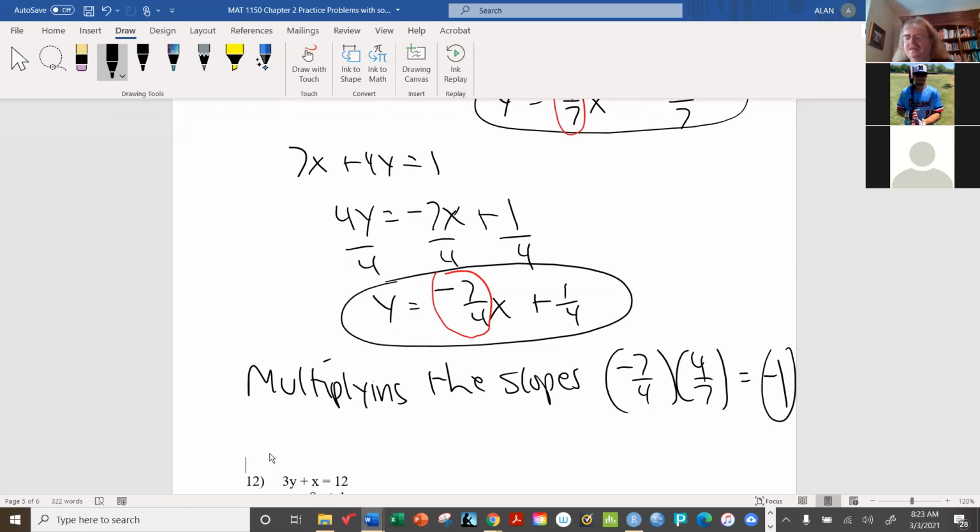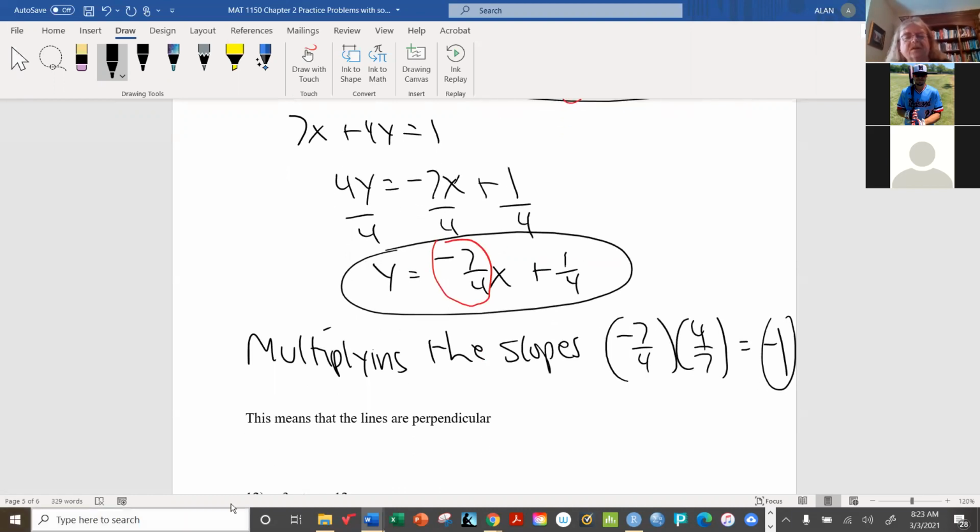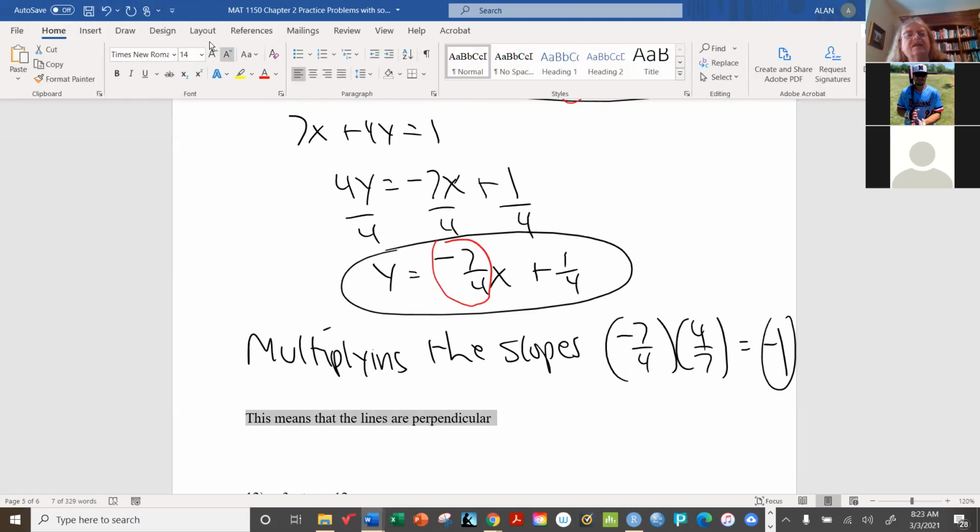And that means, of course, that the lines are perpendicular. Because that's what it means to be perpendicular. The product of their slopes is -1. And what that means is that wherever they cross, they're crossing at right angles.